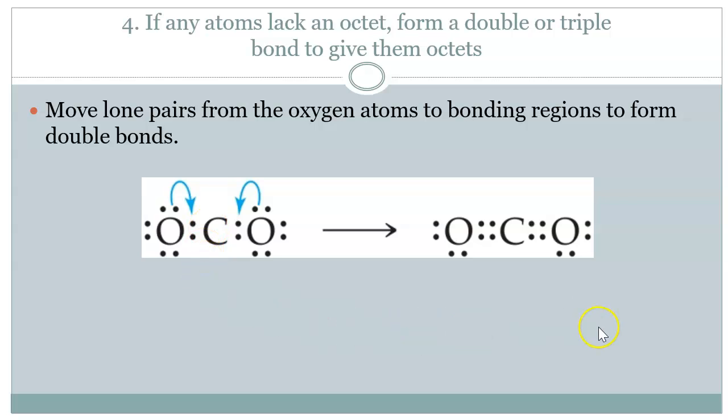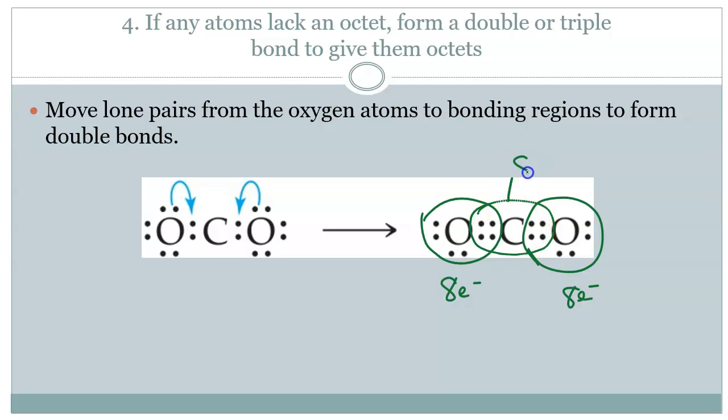And what ends up happening then, if we look at everything here, so we have 1, 2, 3, 4, 5, 6, 7, 8 electrons for oxygen. We have the same 8 electrons for this oxygen on the right, and then our carbon also has 8 electrons, and so everything has a stable octet.